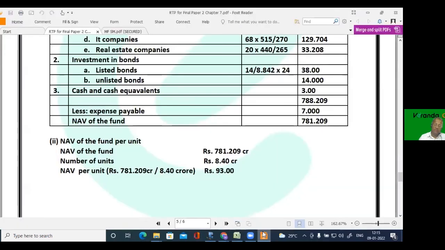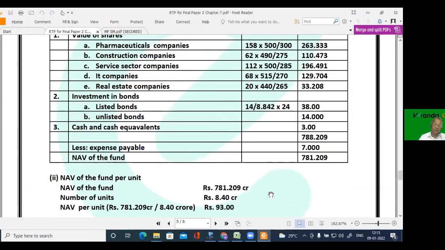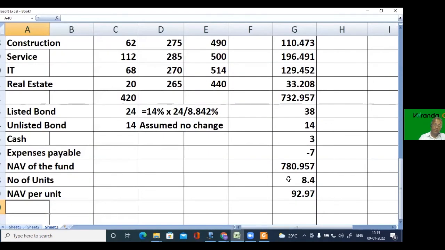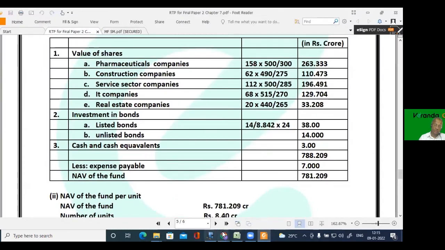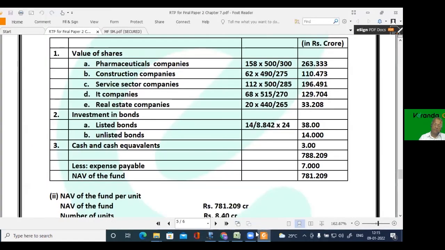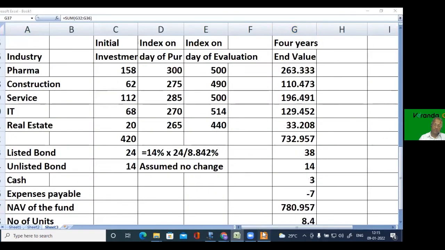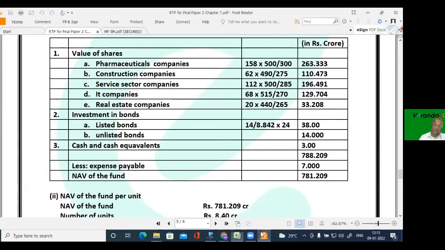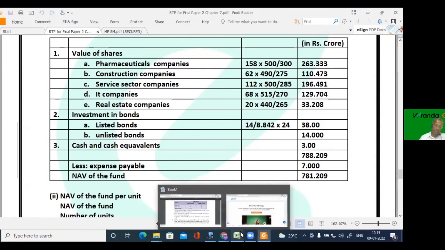Somewhere something is wrong. So there is a 1 crore difference. Let me check. 263, right. 110.43, right. 196.49. 129. 33.02. 38.14. 3, 7.